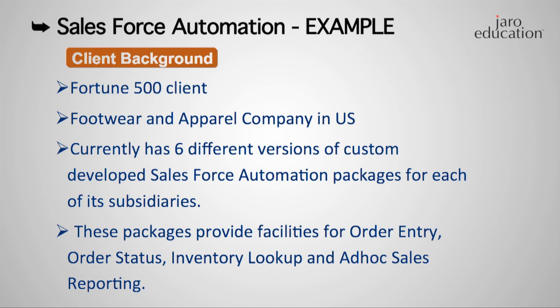These packages provide facilities. Package means a Salesforce tool, so what does the Salesforce tool offer? That offering is order entry, order status, inventory lookup and ad hoc sales reporting. So all these features of the sales function of the marketing function are tracked and recorded in a Salesforce automation tool subsequently.